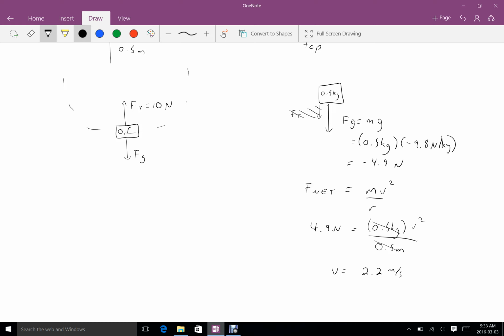Our object is still 0.5 kilograms, so the force of gravity on it is the same as the calculation I did over here, negative 4.9 newtons. What that leaves me with is a net force in the upward direction of 5.1 newtons.